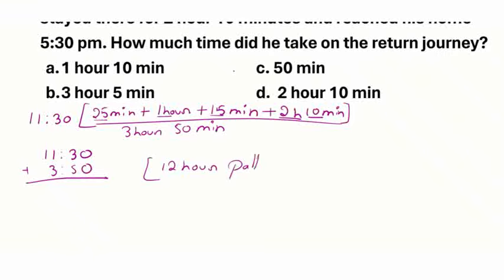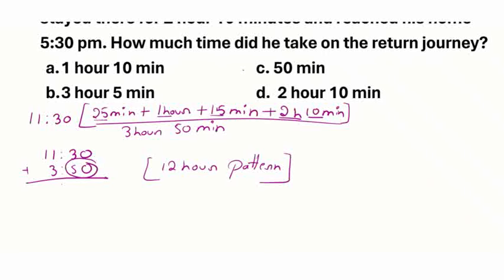What is it? 12-hour pattern. Only in a railway station you can see the 24-hour pattern. So for 11:30 a.m., adding 3 hours means 11:30, 12:30, 1:30, 2:30.